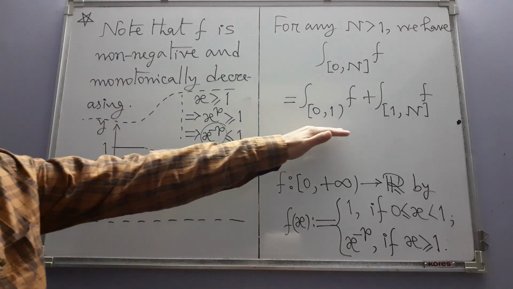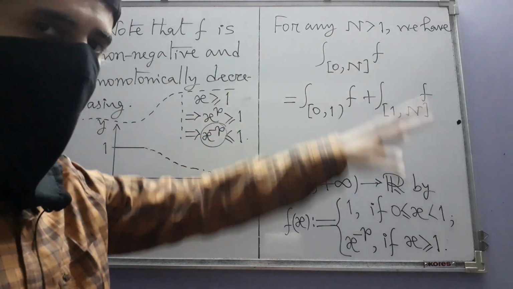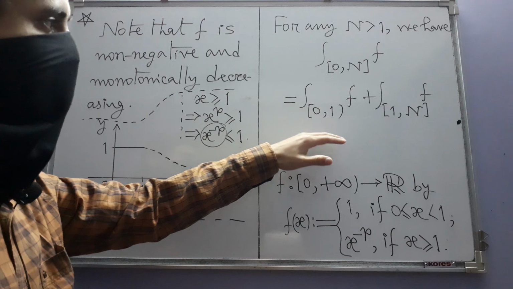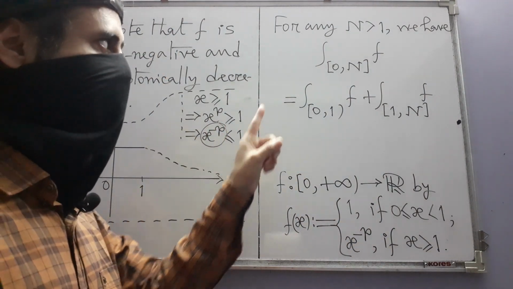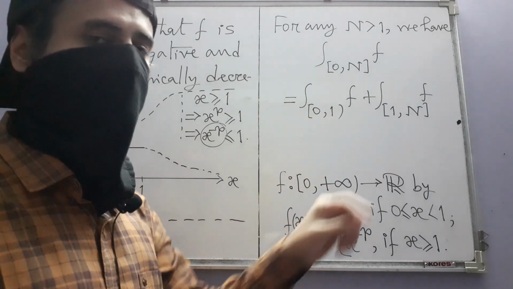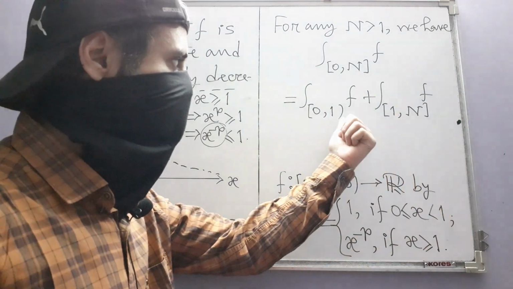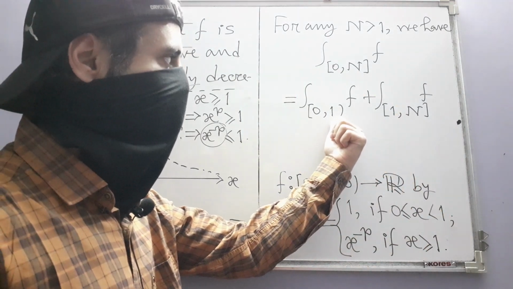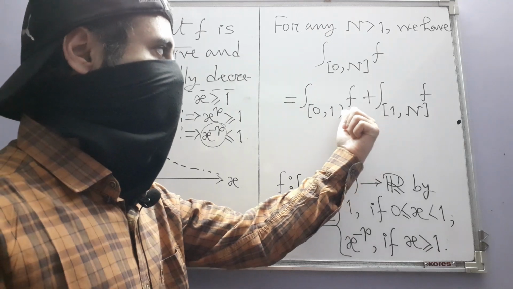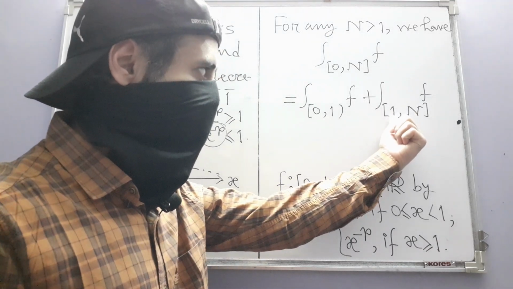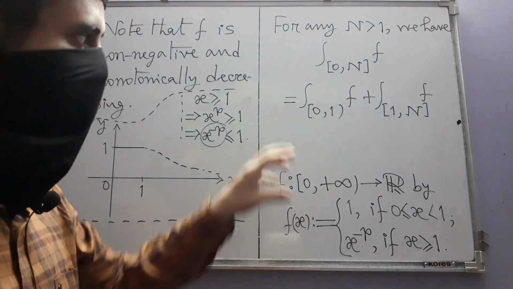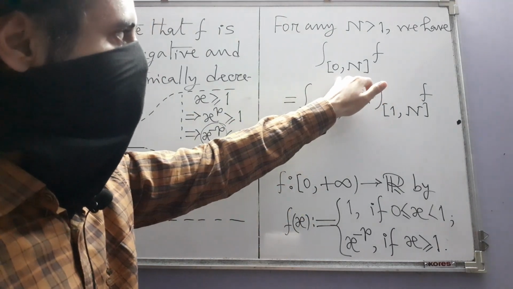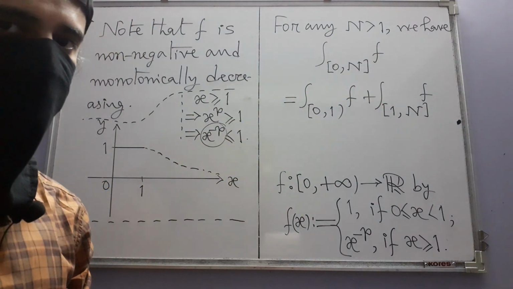If you go to the basic properties of Riemann integrals, that first theorem, there you see the last part where we partition an interval I into two intervals j and k. That is why I have been careful in including this point 1 in one of the intervals and not including it in the other, so that these two things really form a partition of this.